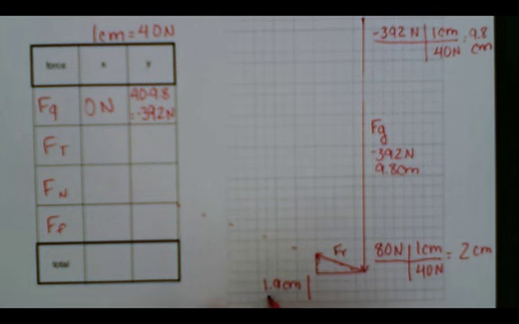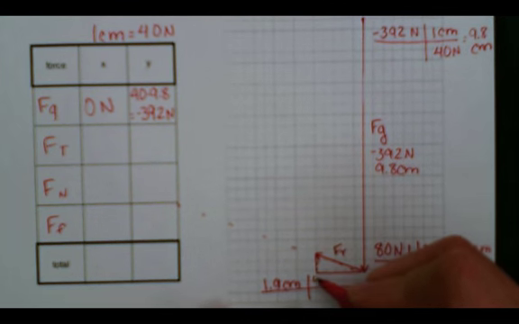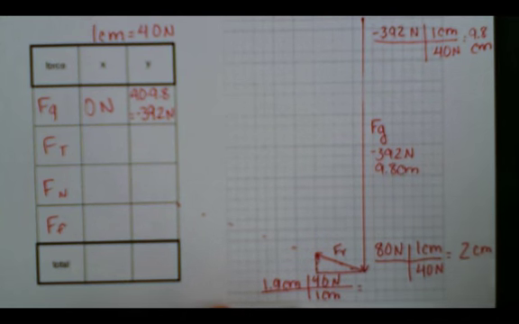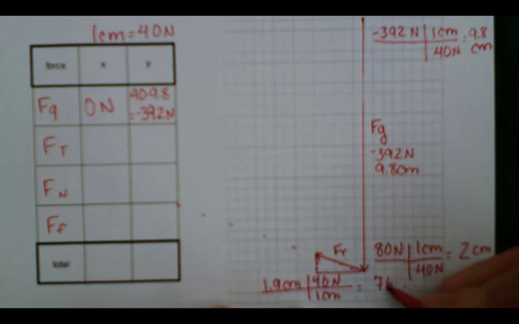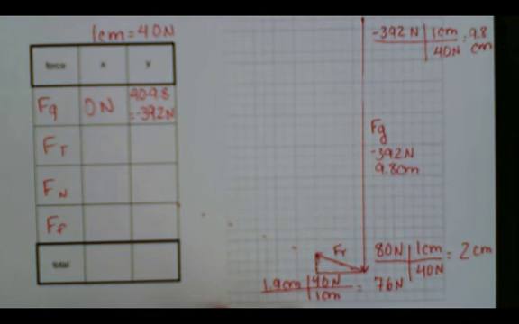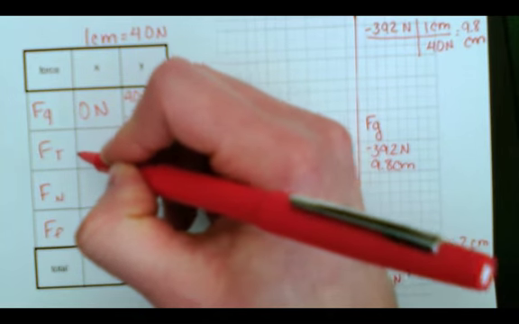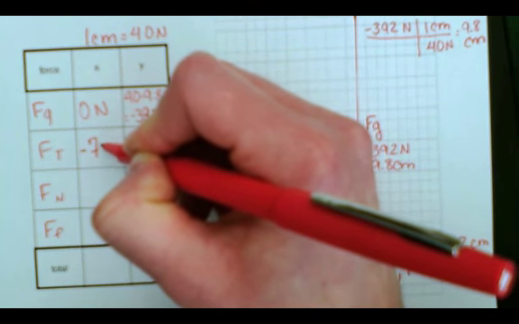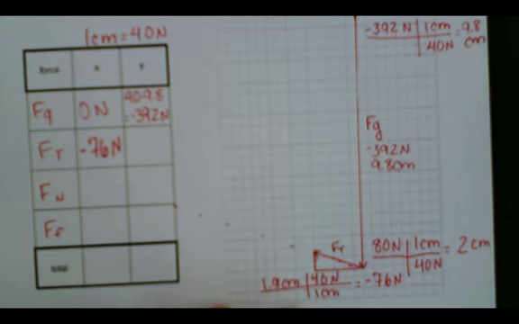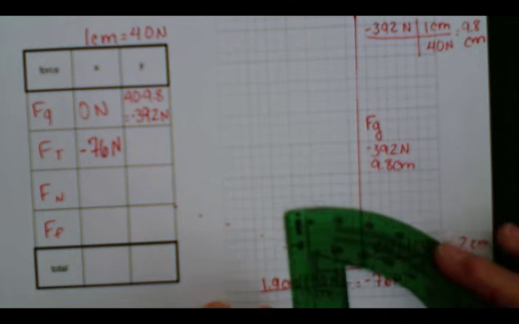Using our conversion factor, that 40 newtons equals 1 centimeter, we obtain 76 newtons for the horizontal component of our tension vector. Because this acts in the negative direction, we are going to write that our horizontal component of tension is negative 76 newtons.